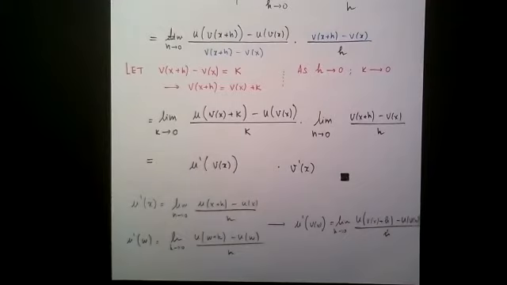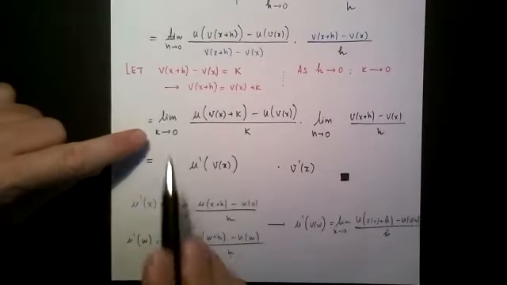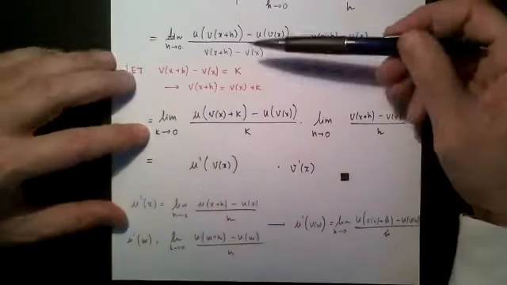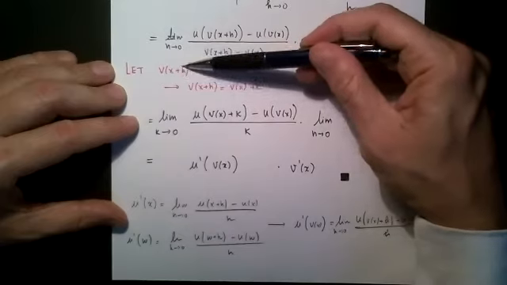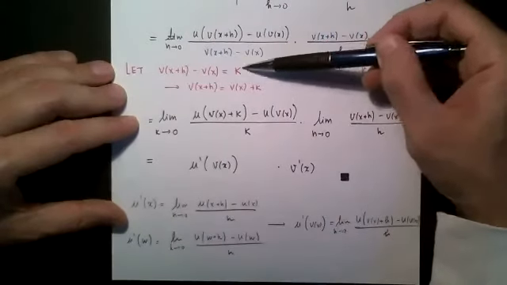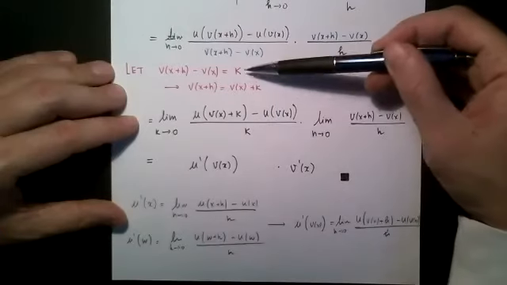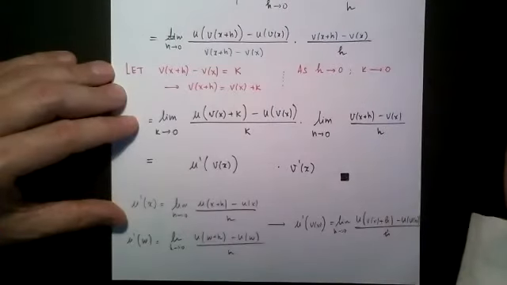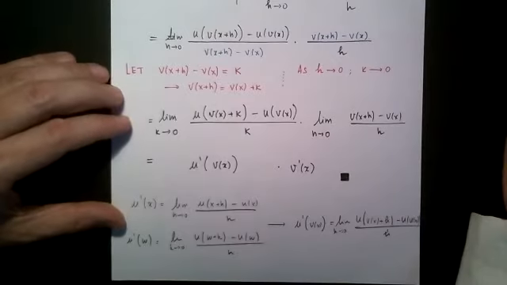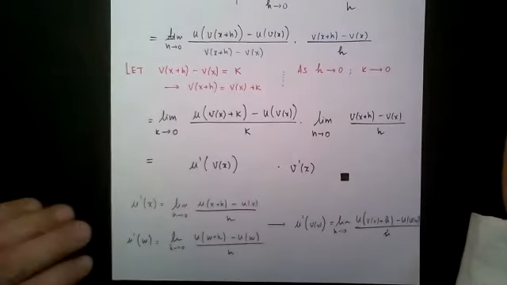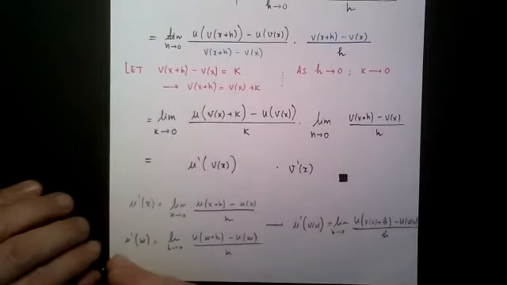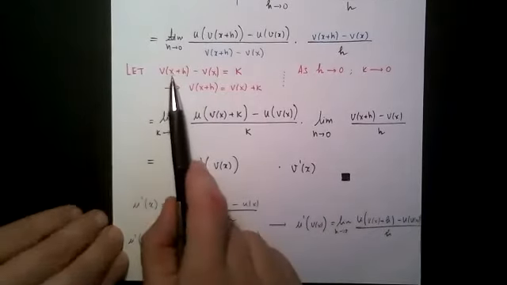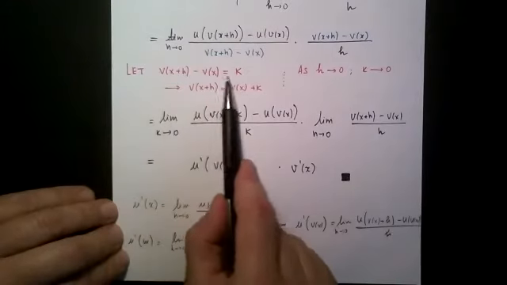So instead of putting k, can we just put h to begin with? Where? Here? No, because here I made the change. I express k as v of x plus h minus v of x. Okay, can we put h? Let v of x plus h minus v of x equal this.